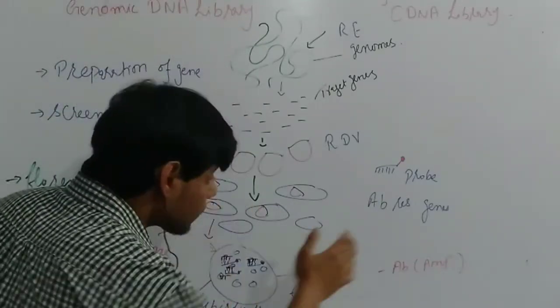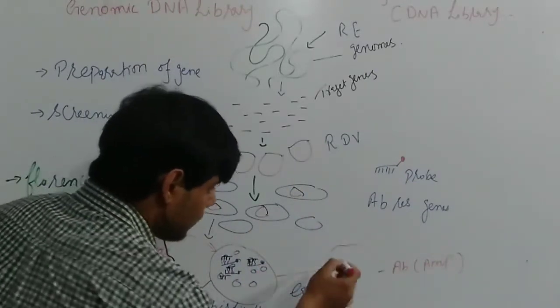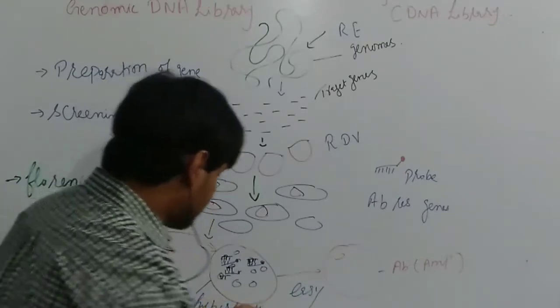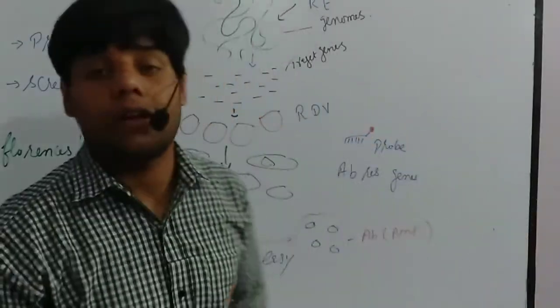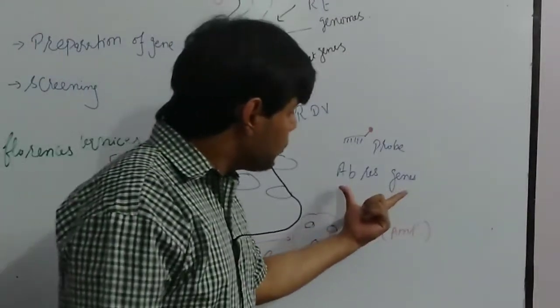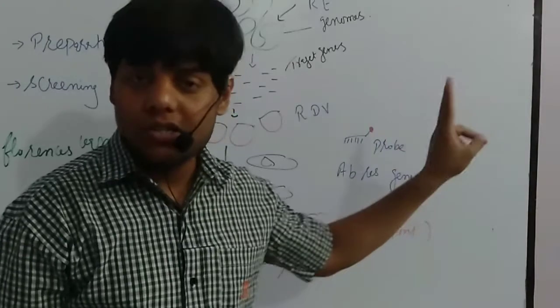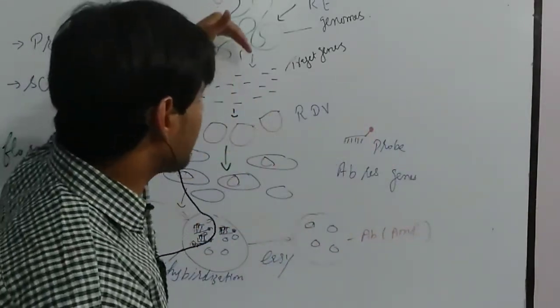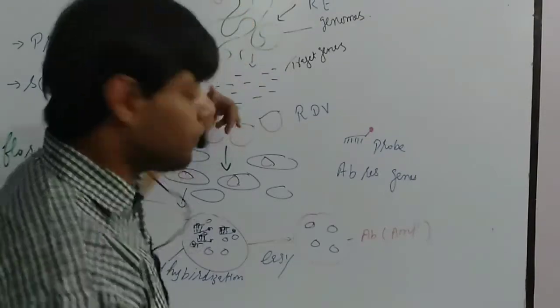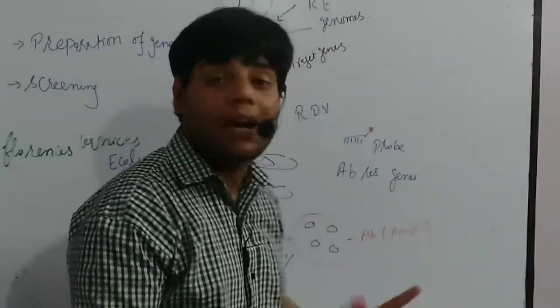Now, once the bacterial cells grow here, this technique is also difficult. Why? Whenever we use antibiotic resistance genes, there is a possibility that the restriction enzyme which we use to cleave our target genes as well as the vector can sometimes also cleave the antibiotic resistance genes.